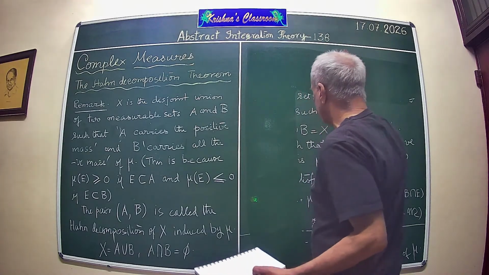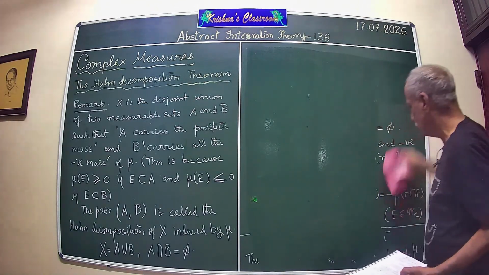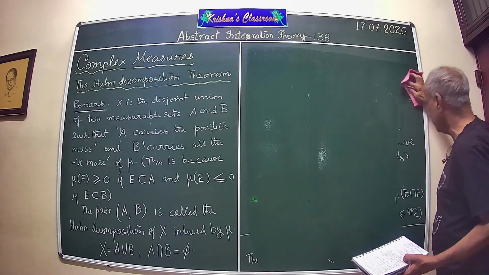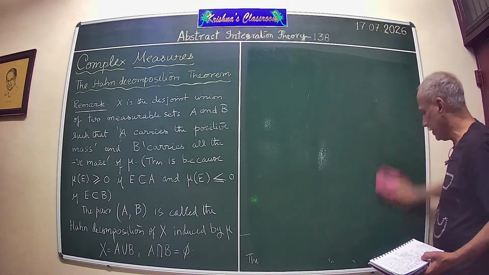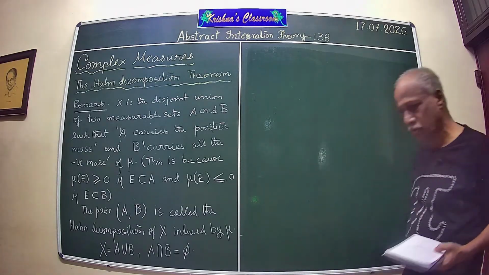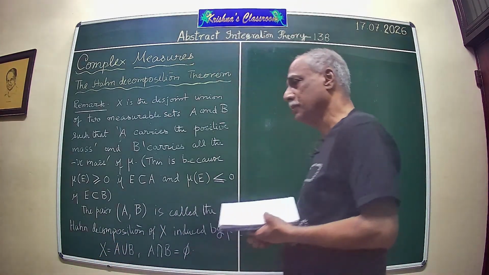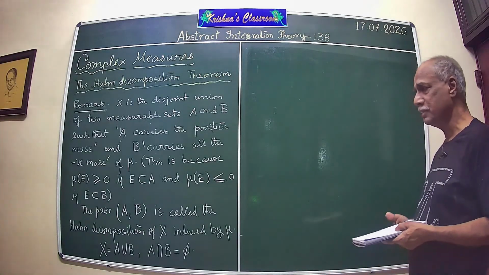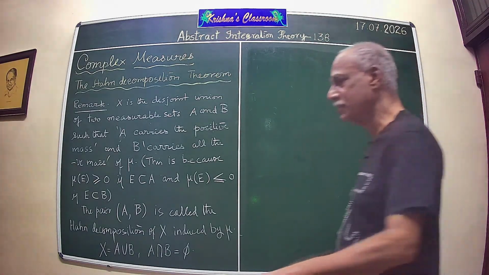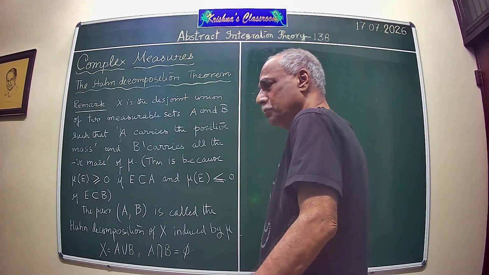See, in our example of a function, we found that the function induces a decomposition of the interval 0 to 2 pi into 0 to pi and pi to 2 pi. Okay, this is A, 0 to pi, and B is pi to 2 pi.